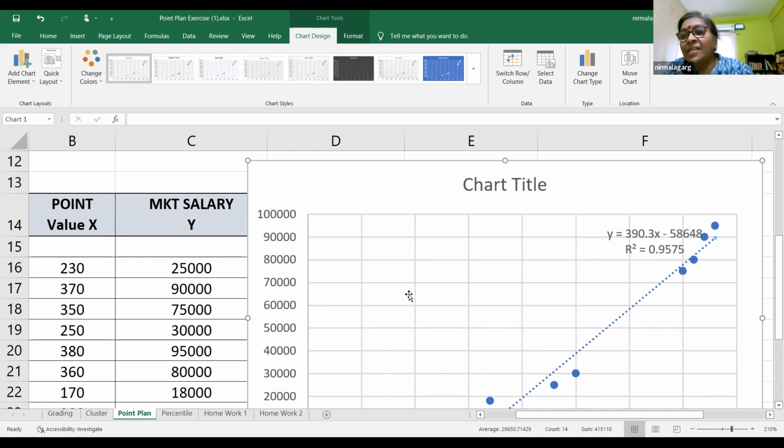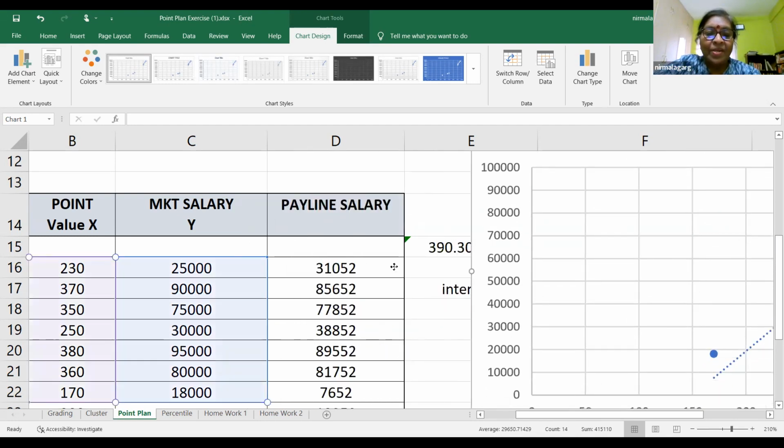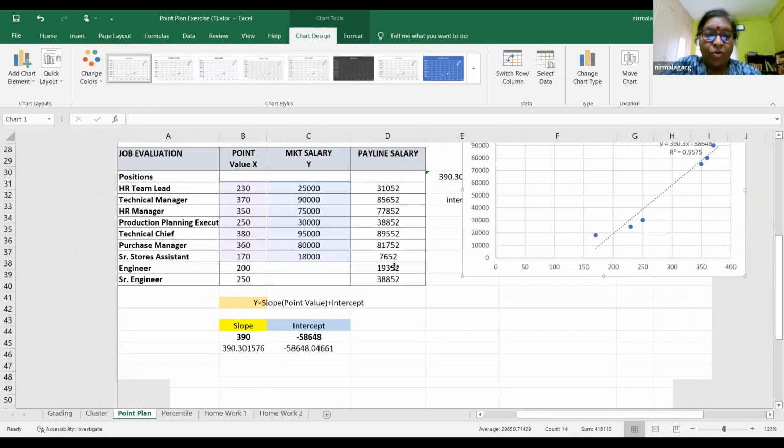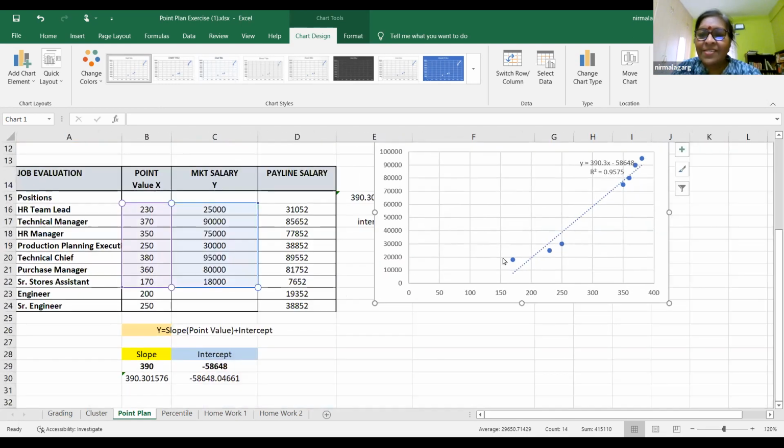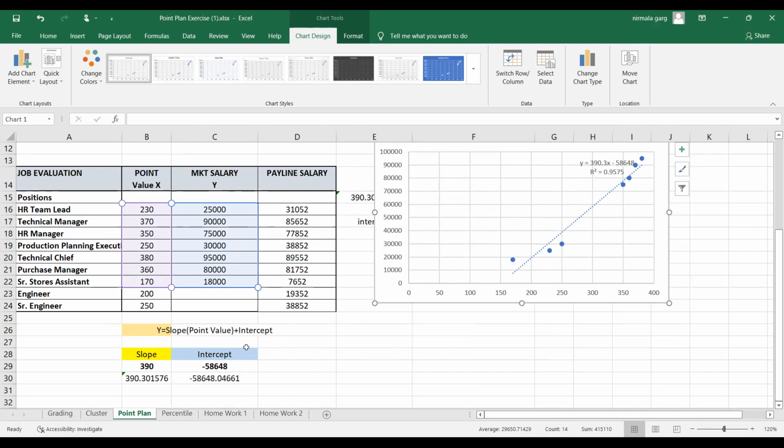Okay, what all did I say? Let me reduce this. To calculate this straight line, the formula is: Y, the pay line salary, is equal to slope multiplied by point value plus intercept. This is the formula.